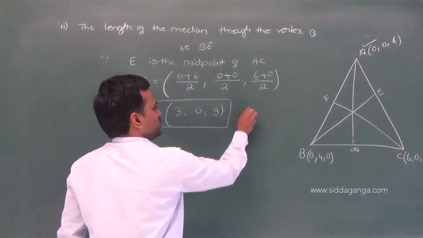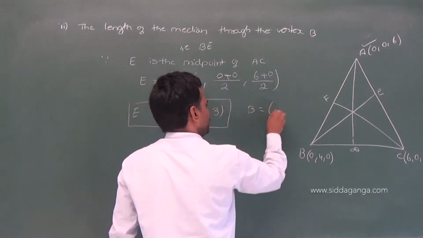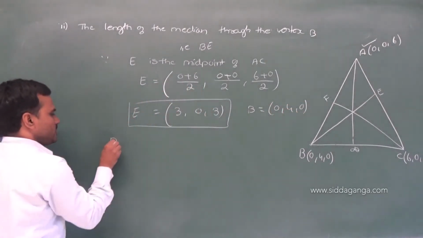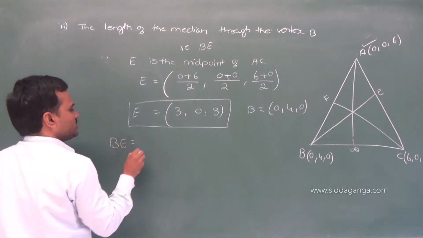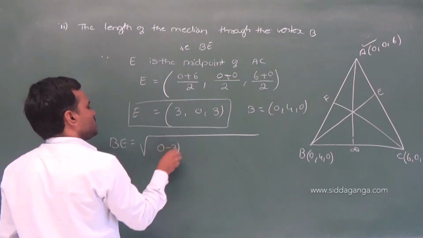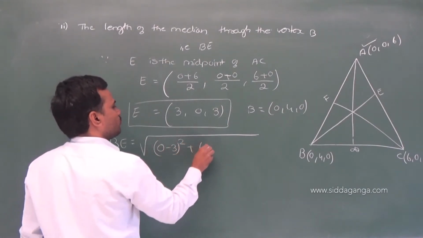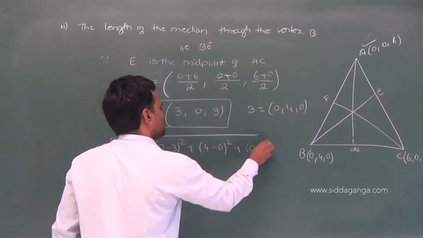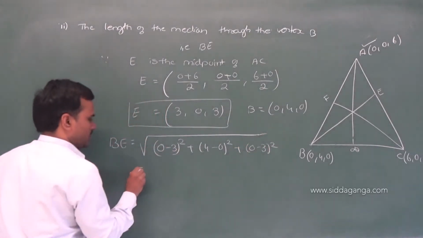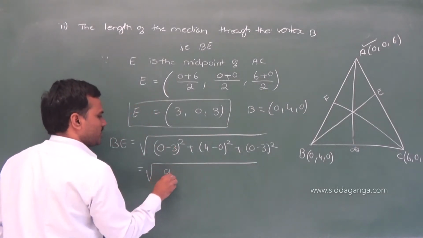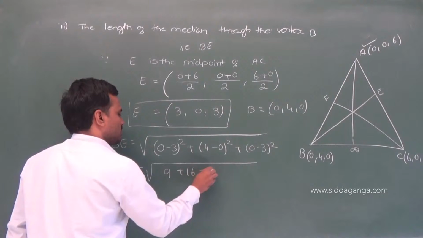Then B coordinate is given as (0, 4, 0). Find BE: square root of (0 minus 3) whole square plus (4 minus 0) whole square plus (0 minus 3) whole square.